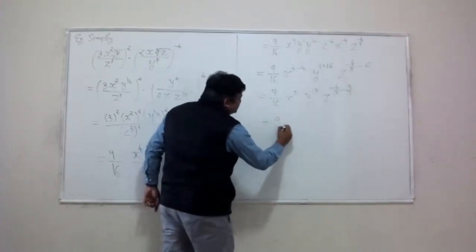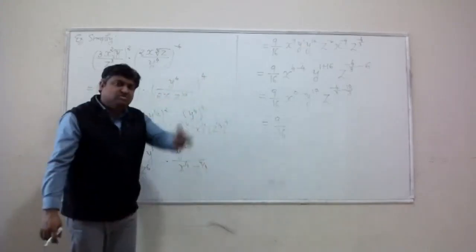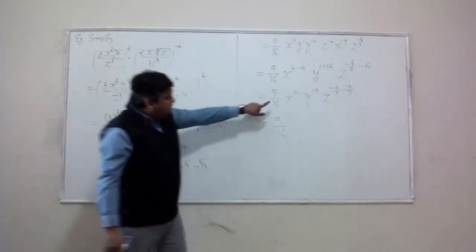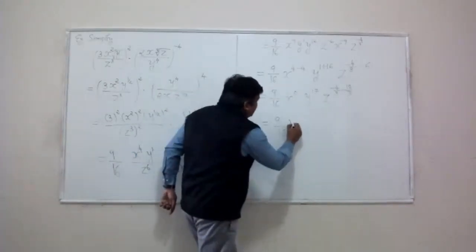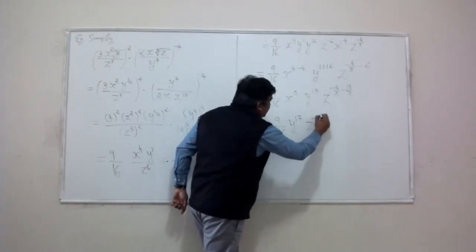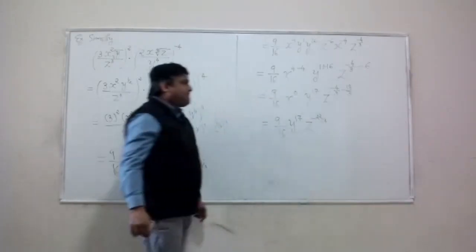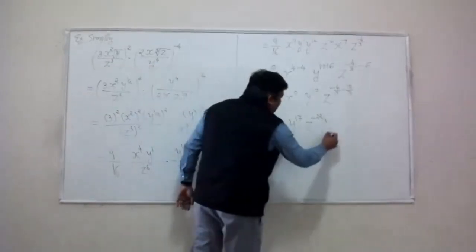What is the 0 power of any variable? The 0 power of any base is going to be 1, right? So replace it by 1. I get y to the 17 here and z to the negative 22 over 3. If nothing is said, you can stop right there.